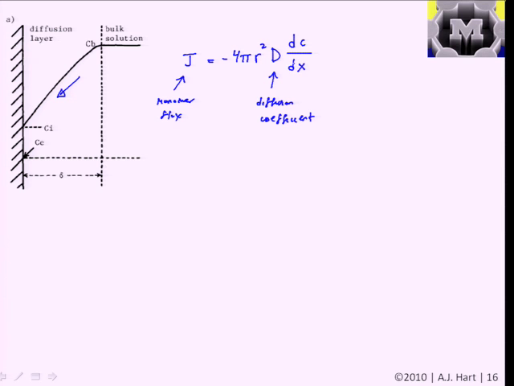We'll call this dC/dx, or equivalently, we could call it dC/dr if we say that our coordinate from the center is x or r. And this would be, in the context of diffusion, what's called Fick's first law.